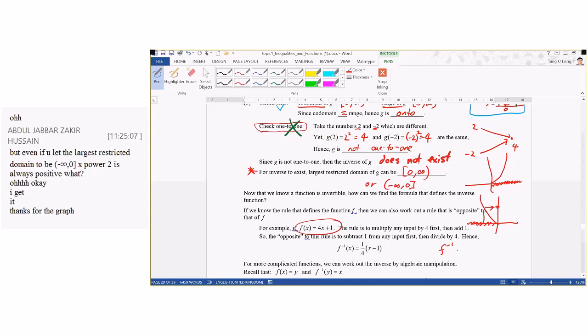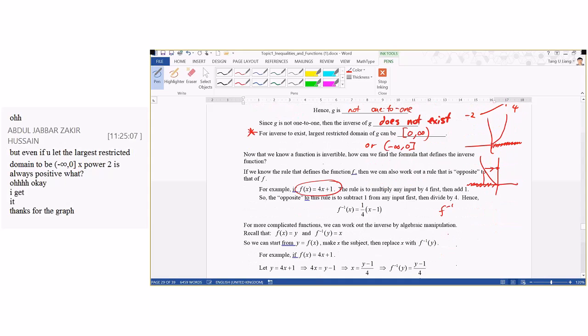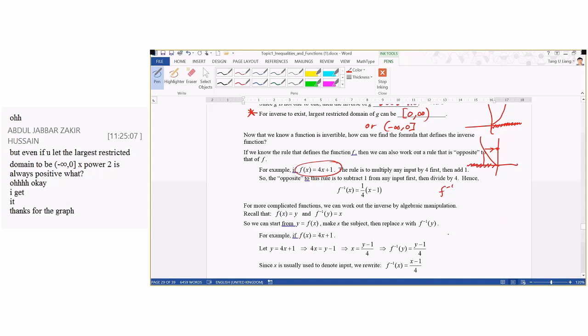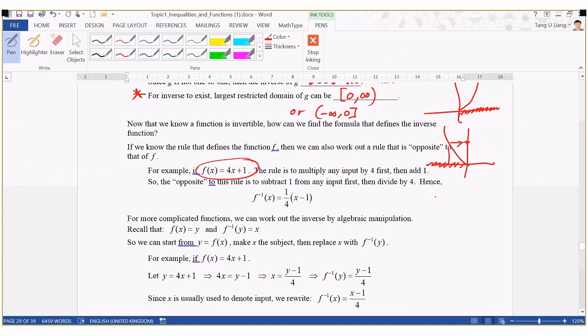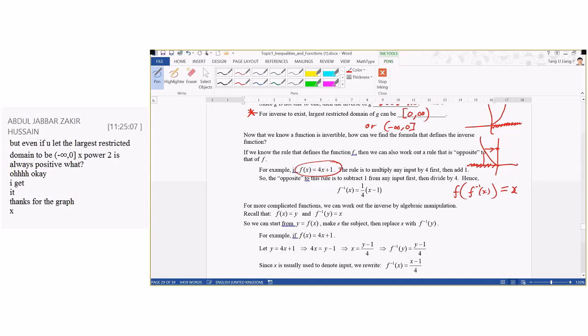Remember? Okay. So how are we going to use this identity to actually derive the formula for f inverse? It's quite nice. See f itself, the formula for f is 4x plus 1. But now what is the input to f? The input to f now is actually f inverse. So your f inverse is supposed to be substituted inside here. You see that?